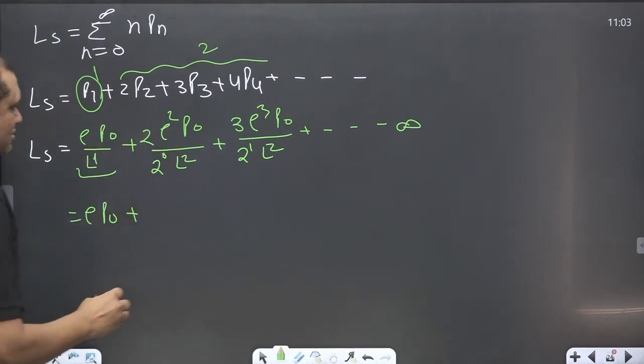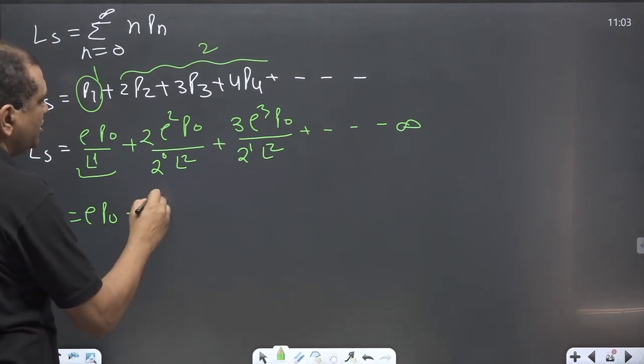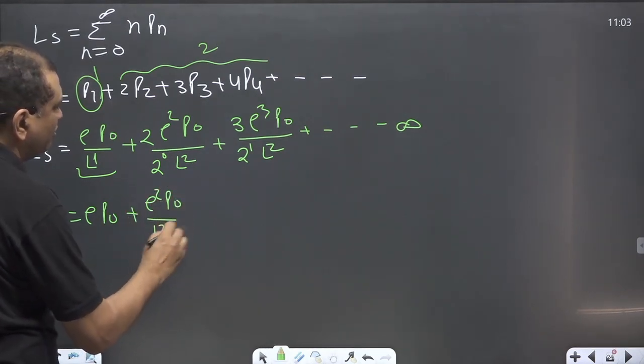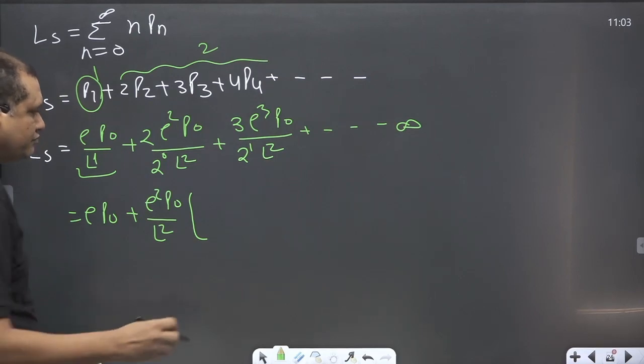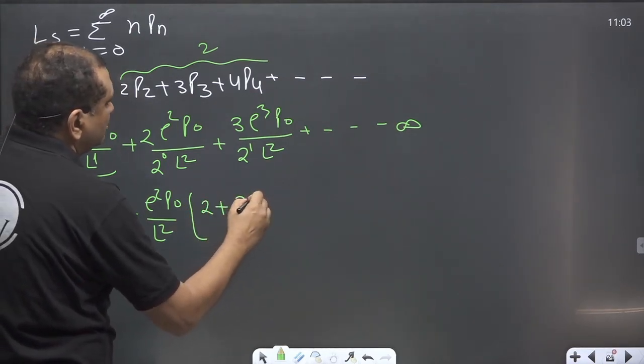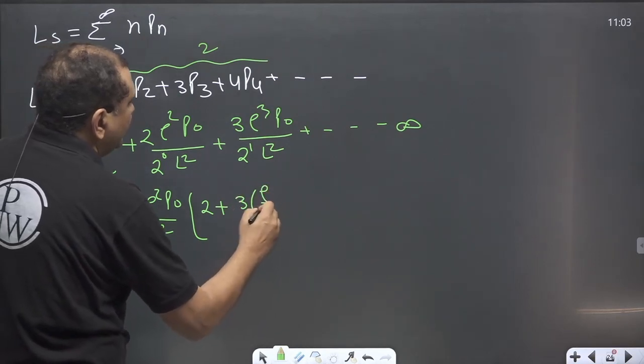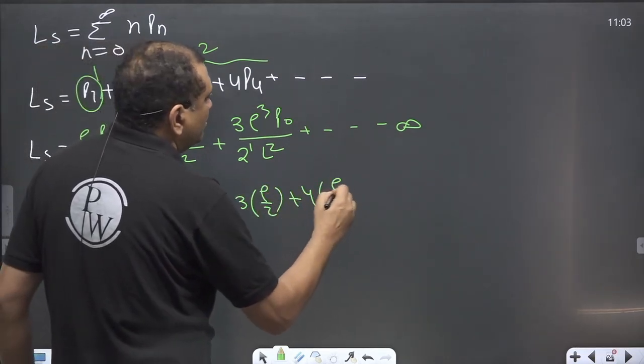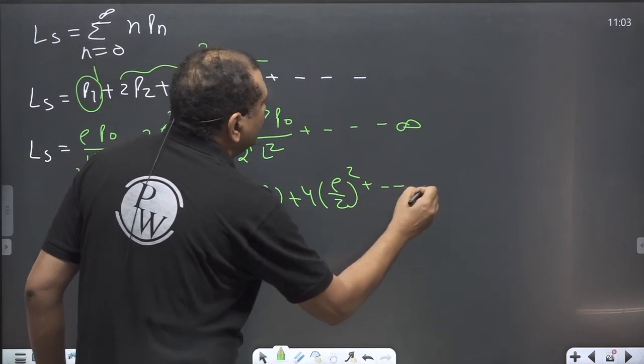From here, take rho square P0 by factorial 2 common out. So it will be 2 plus 3 rho by 2 plus 4 rho by 2 square, to infinity.